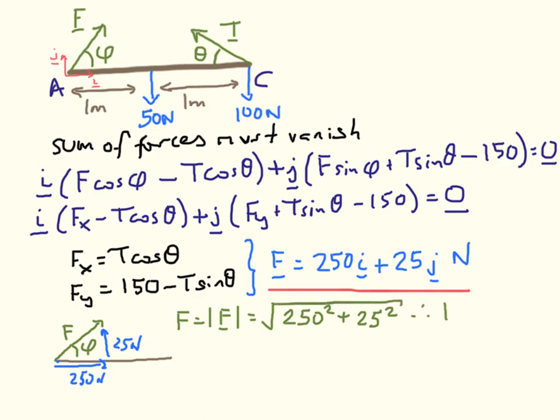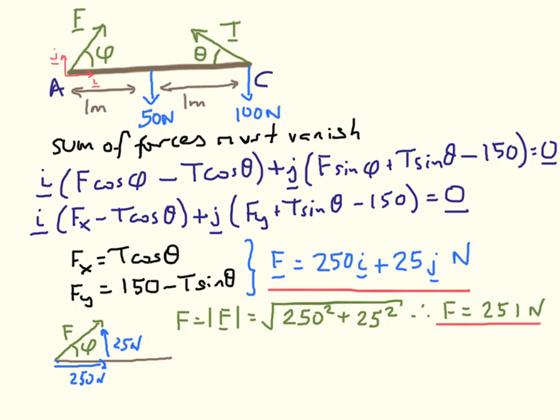And from that, using a calculator, what we obtain is that the magnitude F is equal to 251 newtons to 3 significant figures. So it's very close to 250 newtons, and that makes sense if you look at that, because this is much larger than that.